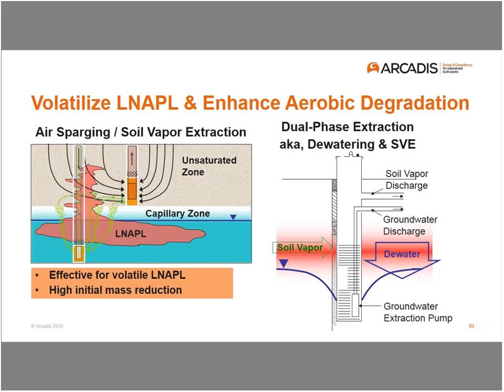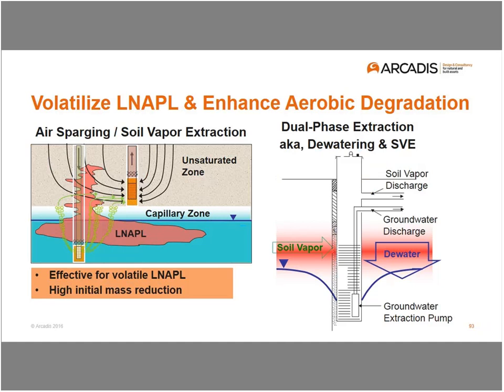If you want to get even more aggressive than that, and there's a volatile fraction to your LNAPL, then we step into some of the traditional remedies like air sparging and soil vapor extraction, or dual phase extraction, also known as dewatering and SVE.